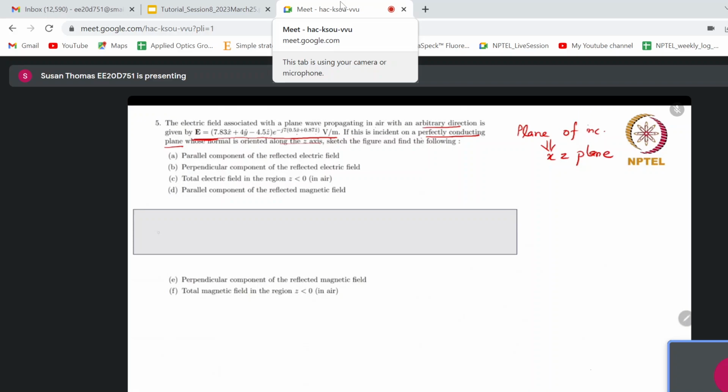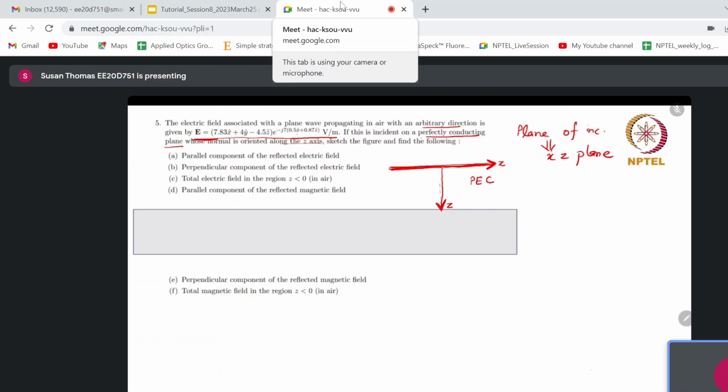Let's start with the sketch. You have the xz plane as the plane of incidence, and it has been mentioned that there is a perfect electric conductor whose normal is oriented along the z-axis.